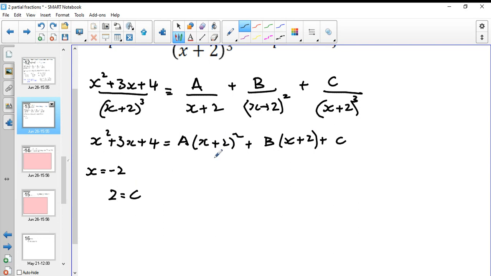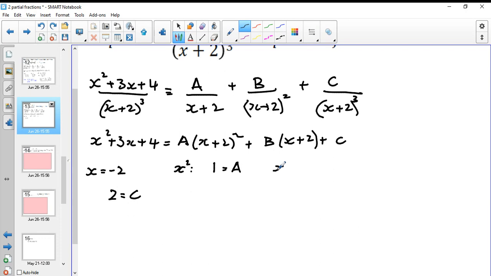Okay, now after that, I'm going to equate. So if I equate the x squared terms, the x squared coefficient here is 1. The x squared coefficient here, well, if you expand that out, you get 1x squared times by a. And there isn't one here, and there isn't one here, so that's it.